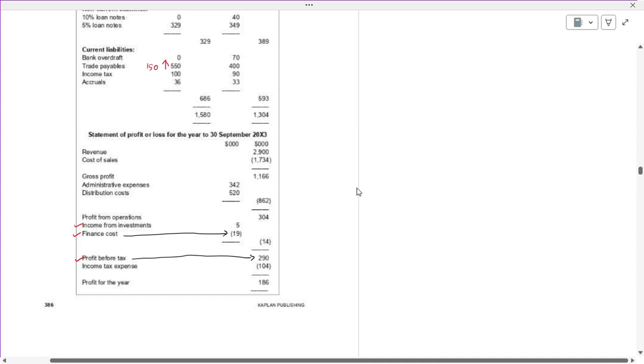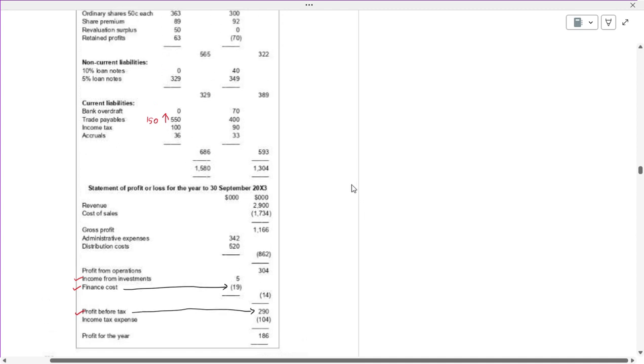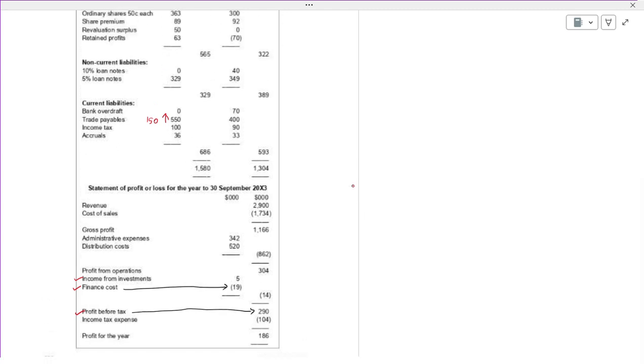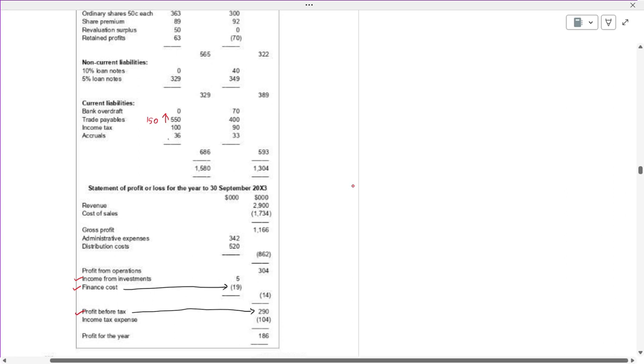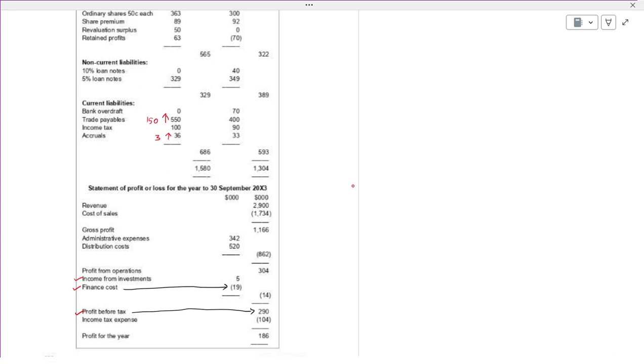What else do you have? You have accruals. We'll take income tax separately. Accruals, is it increasing or decreasing? Increase by 3. What happens to cash? Increase. One minute.